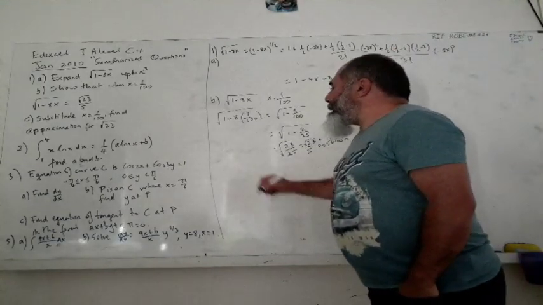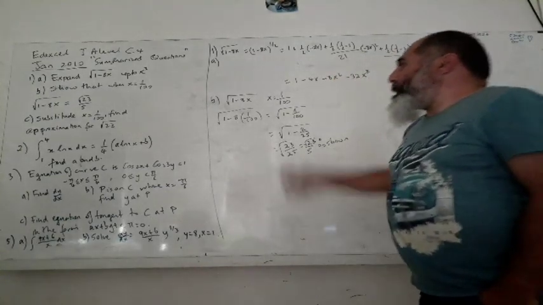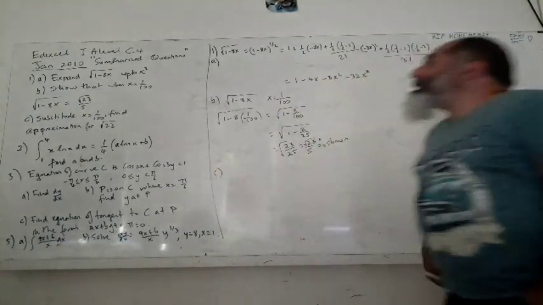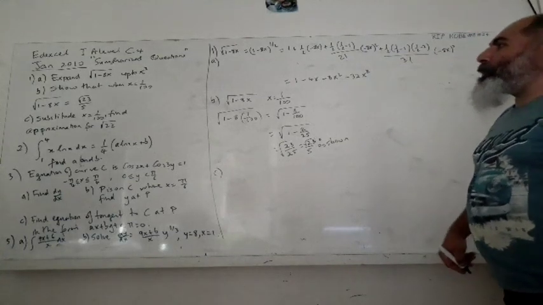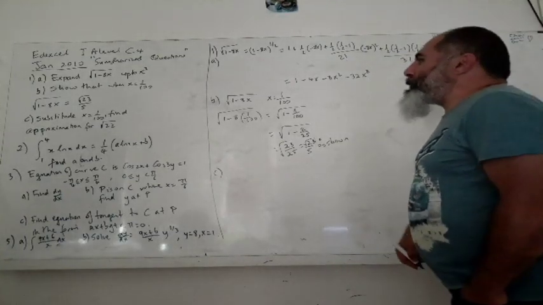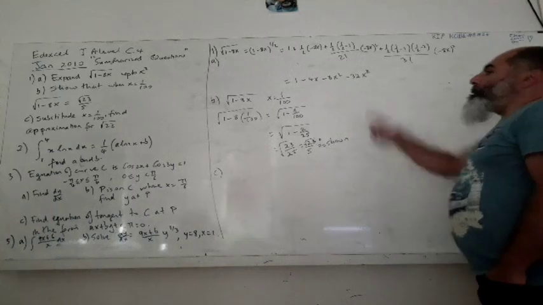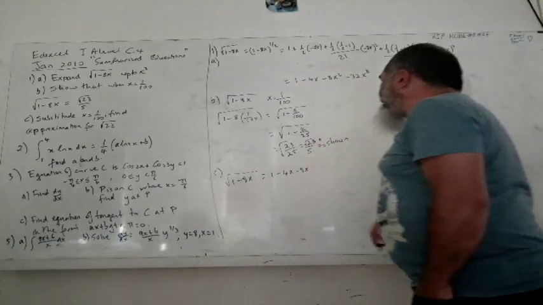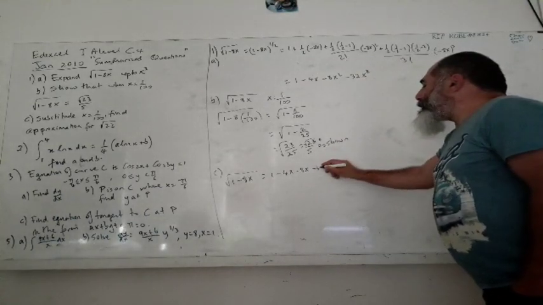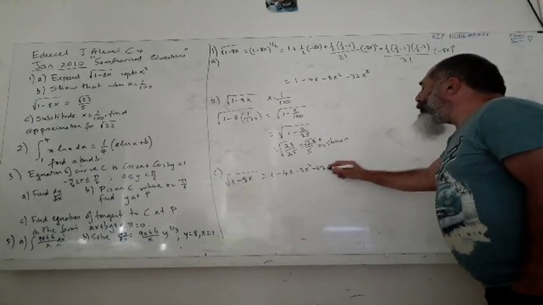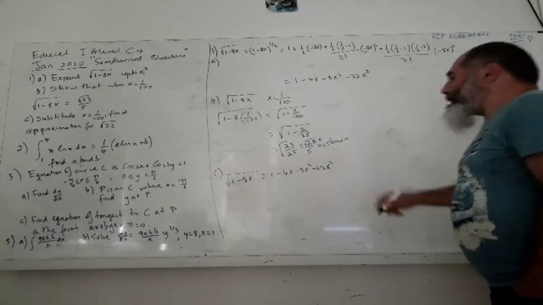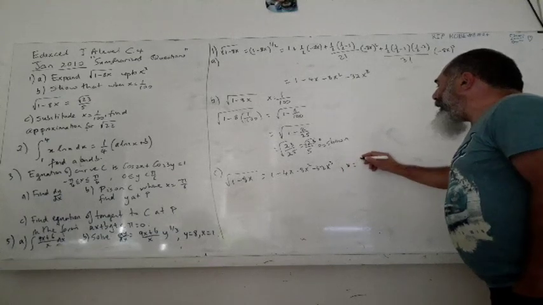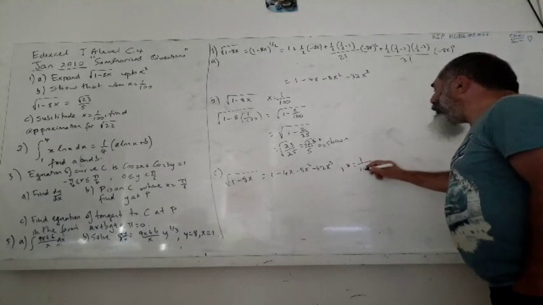Let's do part C. It says, substitute x is equal to 1 over 100. Find an approximation for root 23. This is the expansion, 1 minus 4x minus 8x squared minus 32x cubed, and we have to substitute 1 over 100 in place of x.